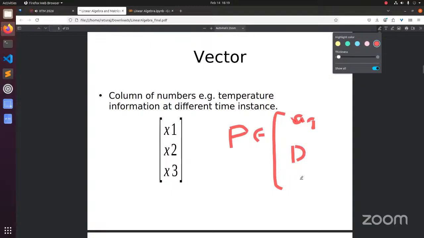There are many other quantities to describe the person. So we have these different features, and all these features together represent a single person P, right?